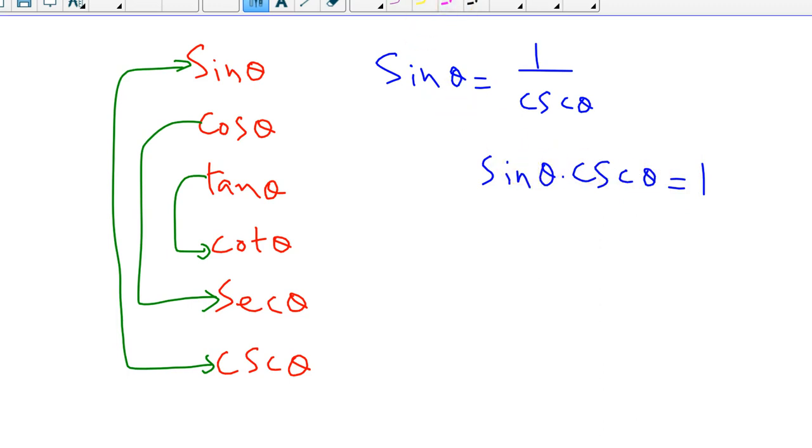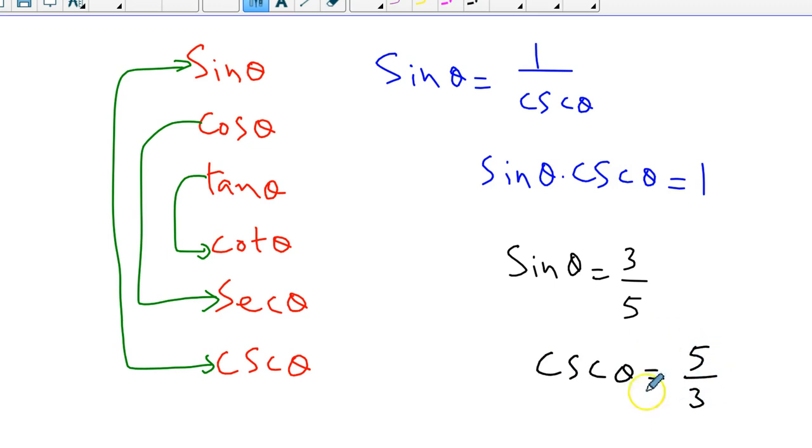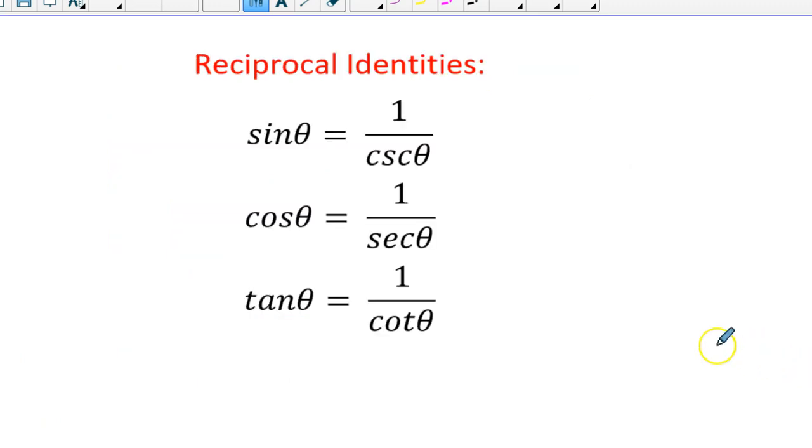For example, if sine theta is 3 over 5, then cosecant theta's value will be 5 over 3, just the reciprocal of that. Similarly, cosine theta times secant theta is 1, and tangent times cotangent is also 1. Okay, then I have them here. Reciprocal identities are these.